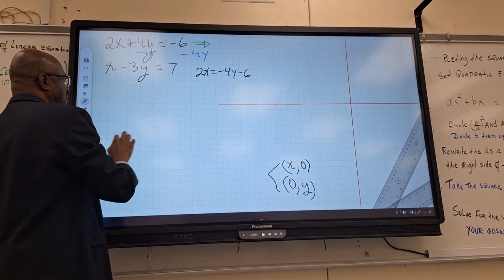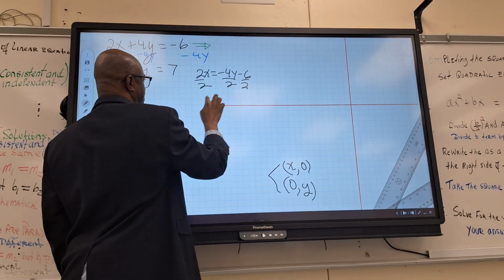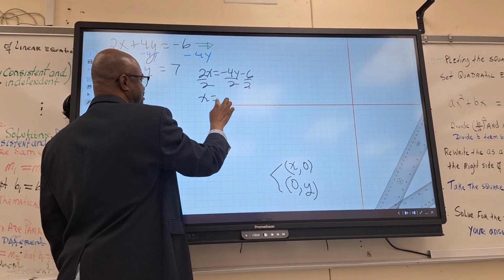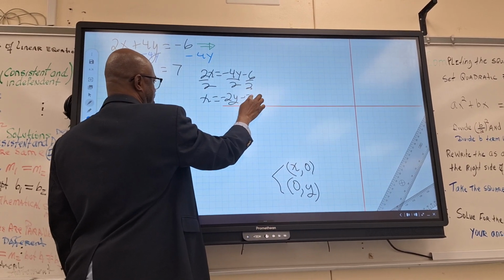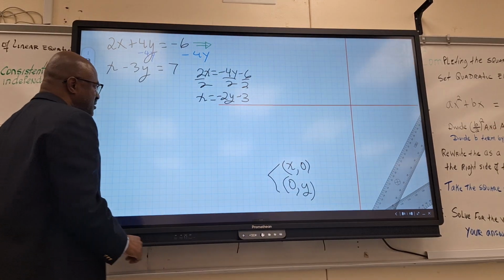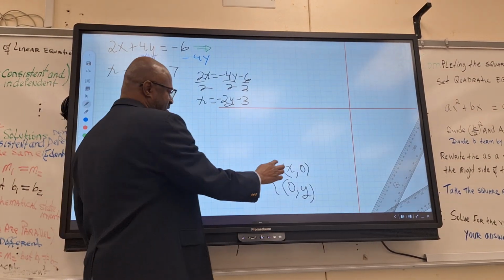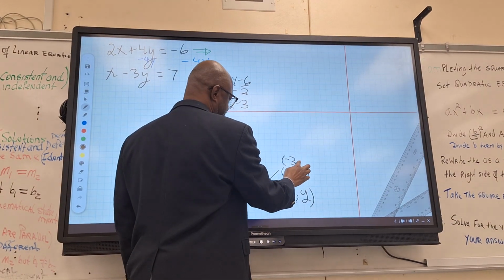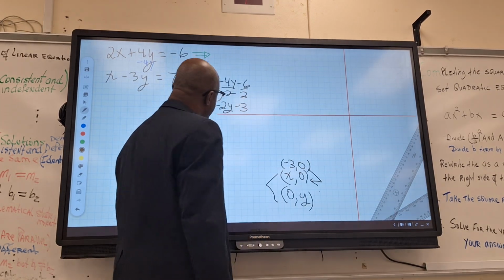Divide the equation by 2, then that will be in x-intercept form. You will have x equal negative 2y minus 3. And now x-intercept is negative 3, then comma 0, will be negative 3 comma 0. This is our x-intercept.